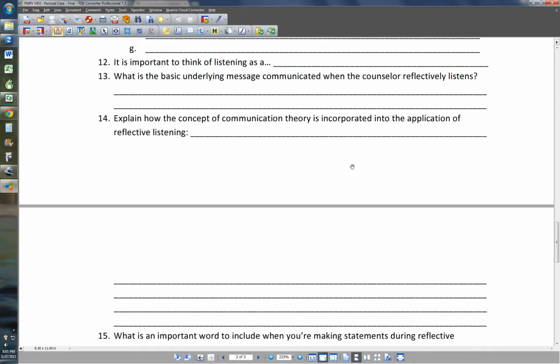Number 14, explain how the concept of communication theory is incorporated into the application of reflective listening.